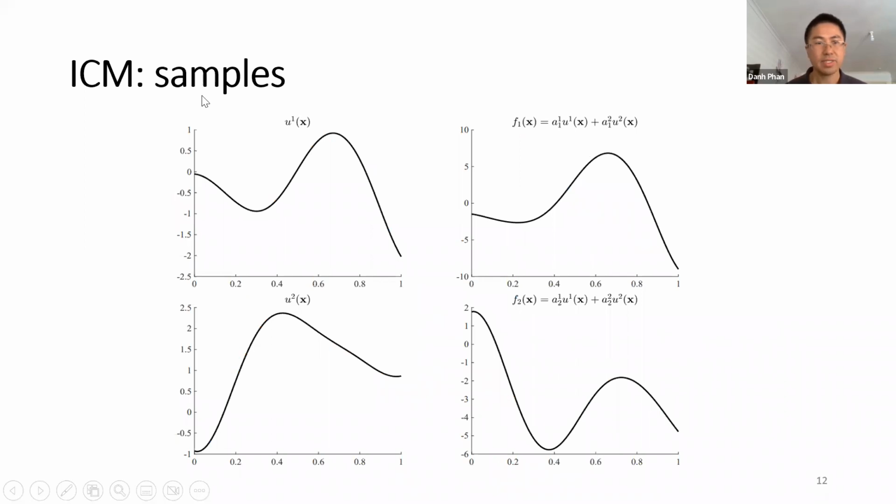Similarly, we have different scalars to add up with U1x and U2x here. So here is an example of U1x and U2x, and we do some linear transformation, combining the two together with different coefficients. So we can obtain the F1x and F2x, which will have not only the scale different, but the pattern is also different, right?